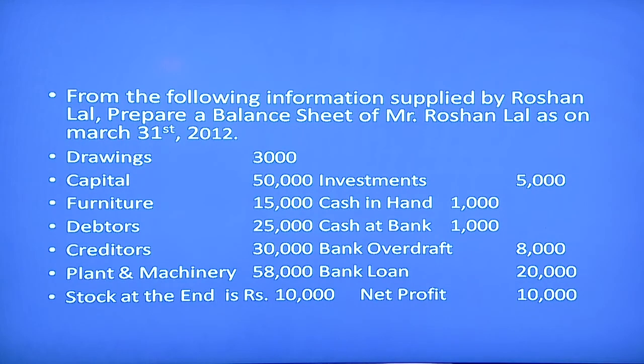Then along with that you have to add the net profit and you have to deduct the drawings. Furniture will come on the asset side, debtors on the asset side, creditors on the liability side, investment on the asset side, cash in hand on the asset side, cash at bank on the asset side, bank overdraft on the liability side, bank loan on the liability side, and stock at end also is given in this question.